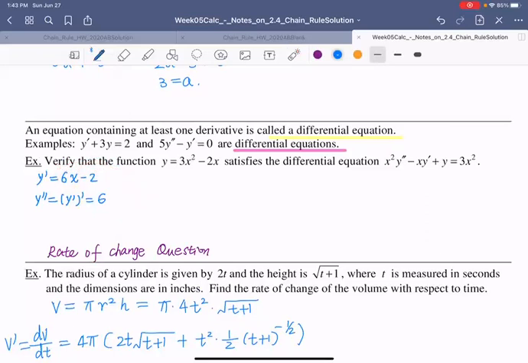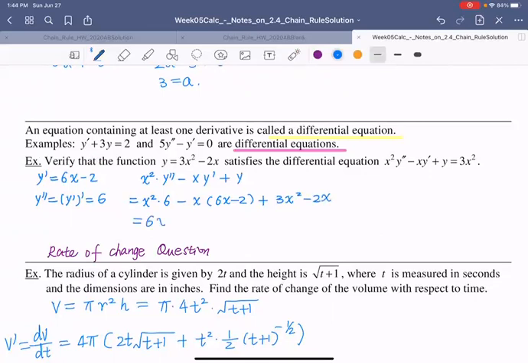Very good. Now let's see x squared times y double prime minus x times y prime plus y. This equals x squared times 6, minus x times (6x minus 2), and then plus y, which is 3x squared minus 2x.